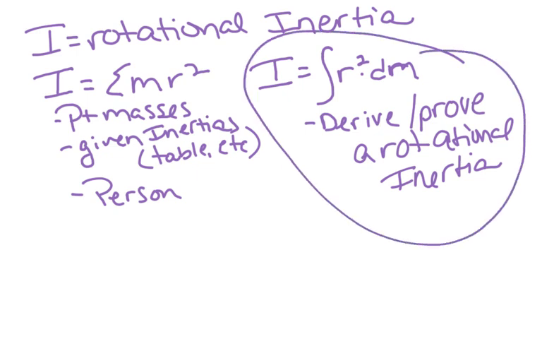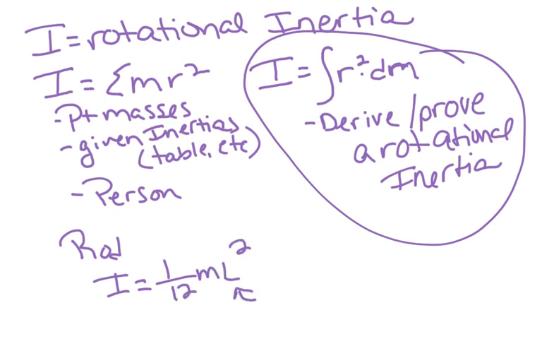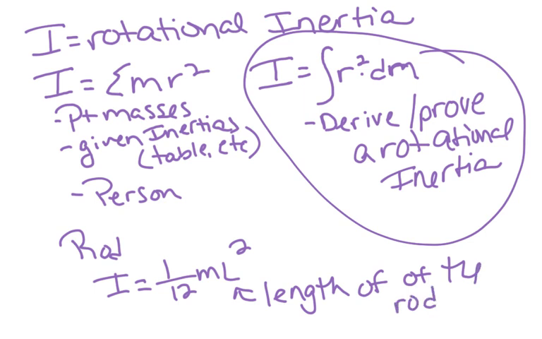All right, when we are talking about a long, thin rod, it has a rotational inertia of 1/12 ML squared. This L right here has to do with the length of the rod, not angular momentum. So you're going to have to look for context clues.